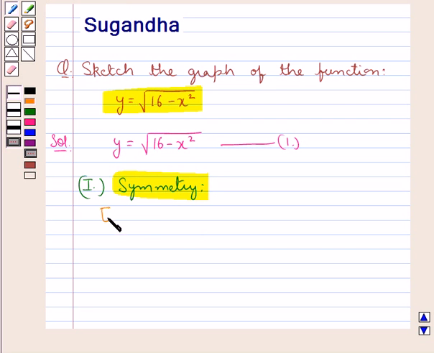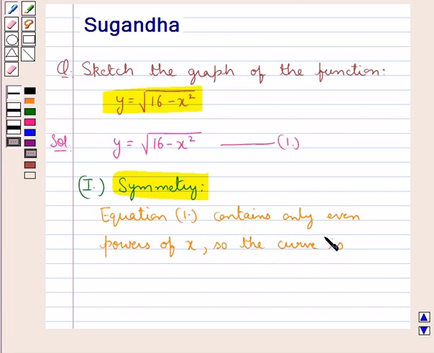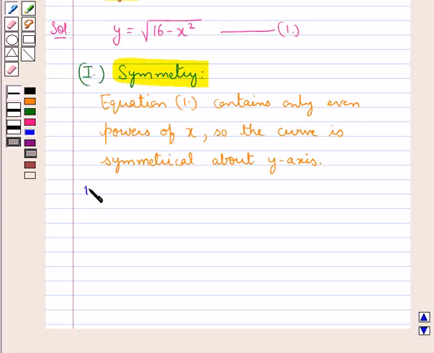As you can see, equation 1 contains only even powers of x, so the curve is symmetrical about the y-axis.